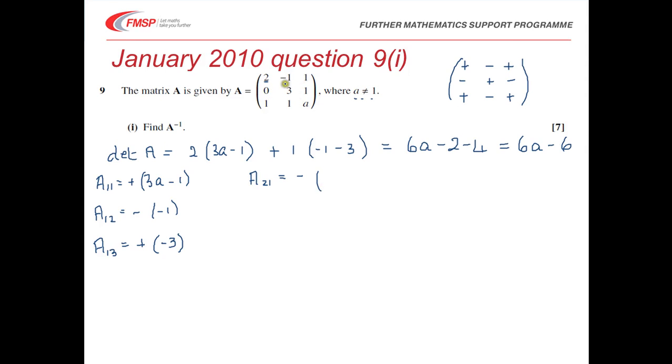So A21 is going to be minus a minus 1. And then A22, just going through the same, is going to be positive, and it's 2a minus 1. A23 is going to be negative, and A23 means we're crossing out the second row and the third column, so it's definitely just going to be 3.